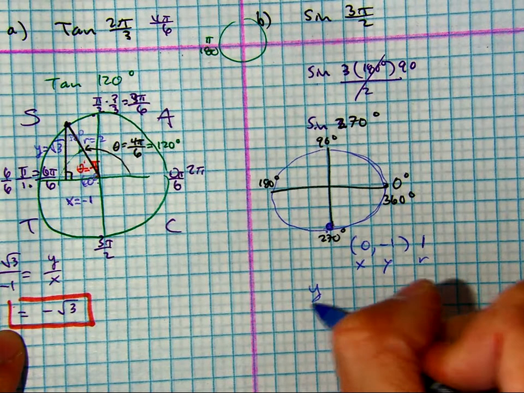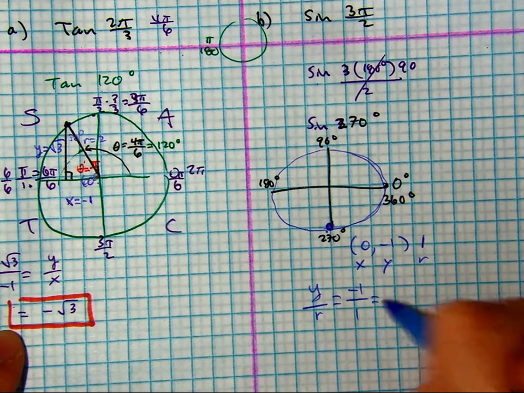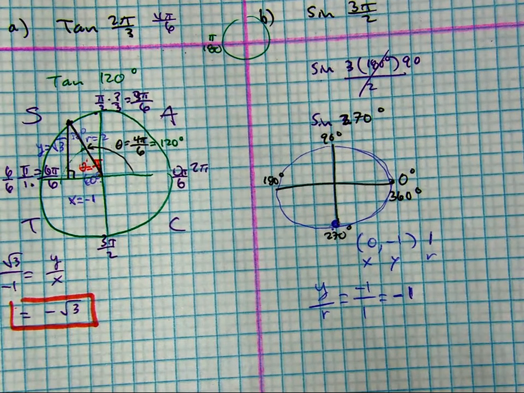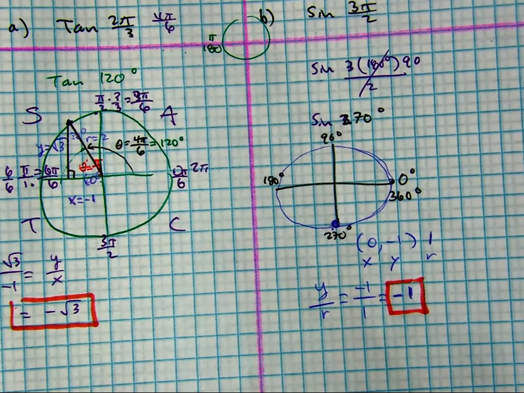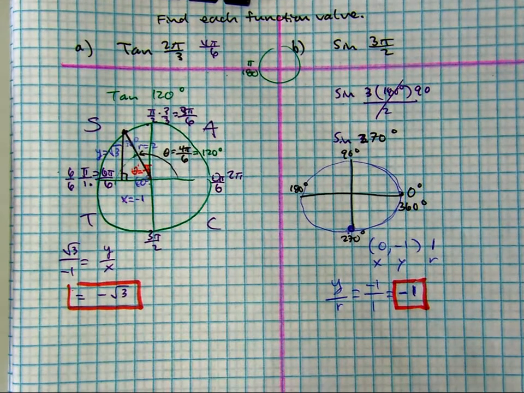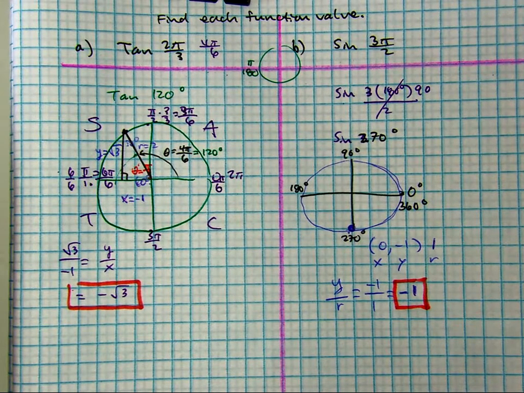Y over r. So that gives us negative 1 over 1, and then our answer is negative 1. So again, I'm trying to show you ways to evaluate trig functions without using the unit circle. This is deriving it. It looks like a little bit more work, but then you don't have to memorize the whole unit circle.